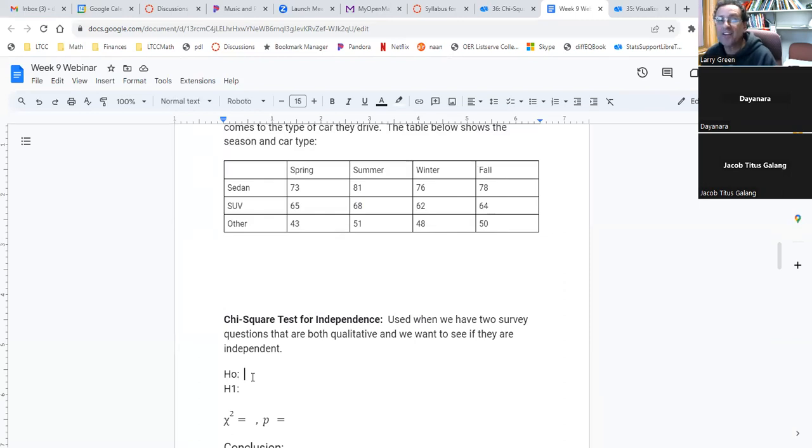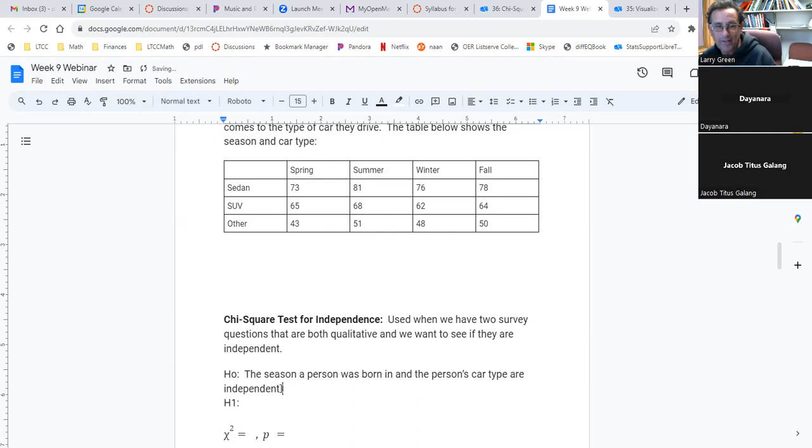Okay, so now it's time to state H naught. H naught is going to be the following: the season a person was born in and the person's car type are independent.